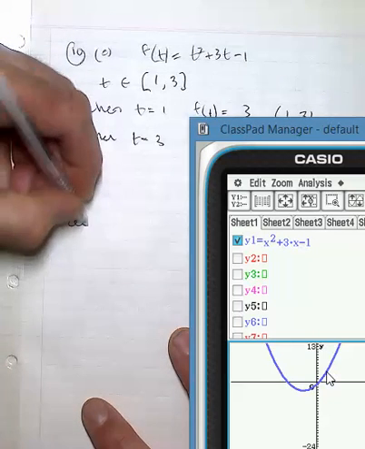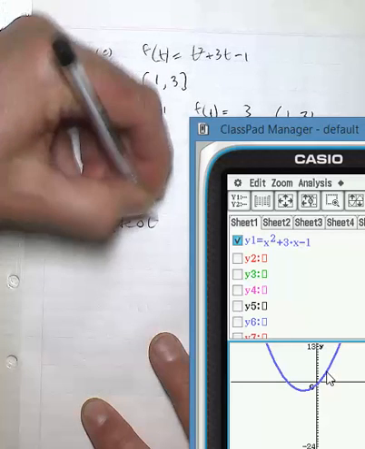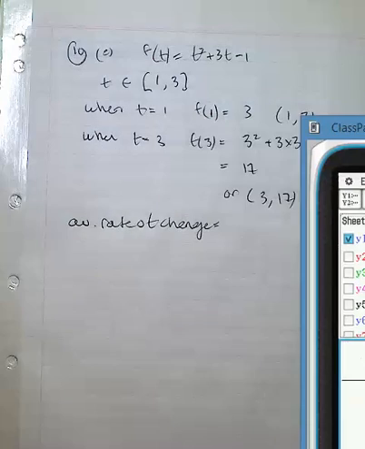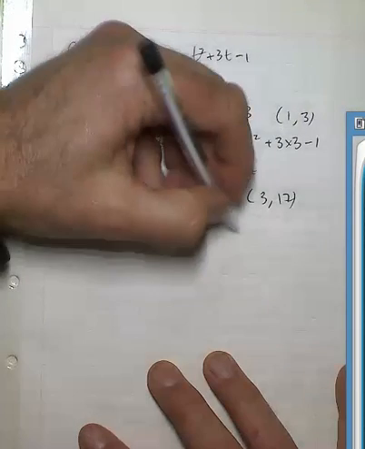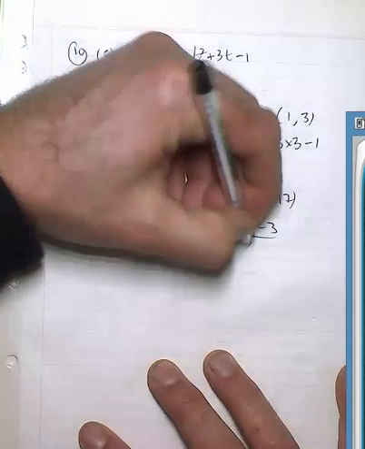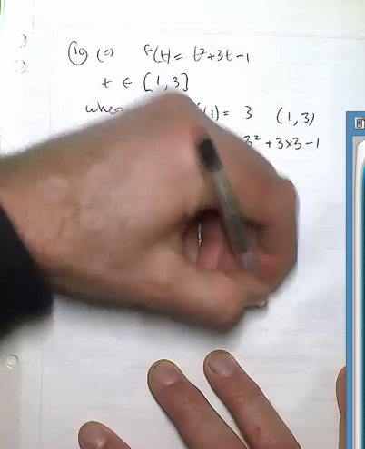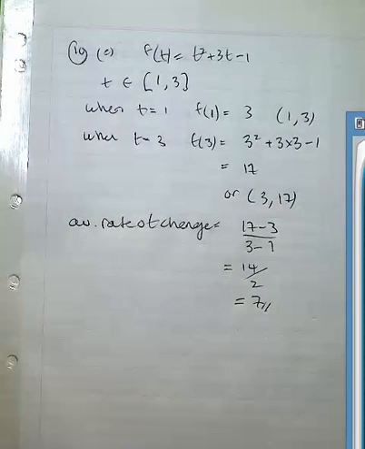The average rate of change is going to equal 17 take 3 over 3 take 1, 14 on 2, which is going to be 7. So a relatively easy one to work out in that instance.